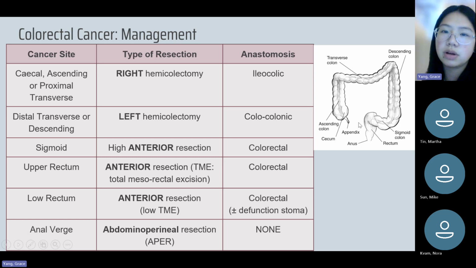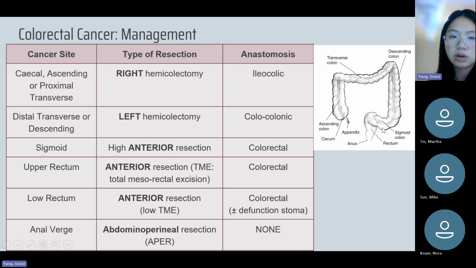You remove all of this area and have an ileocolic anastomosis, which means your ileum will be connected to the colon. If it's a distal transverse or descending colon cancer, anywhere around here, you'd have a left hemicolectomy, get rid of all of this, and then connect this bit of colon with this bit of colon.